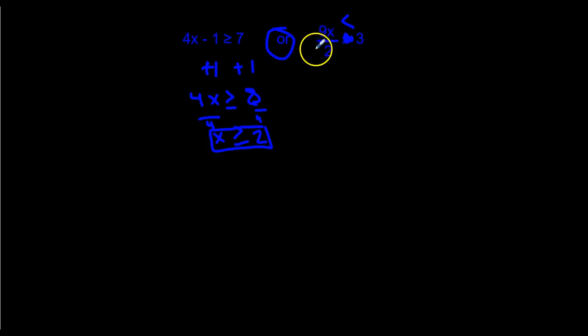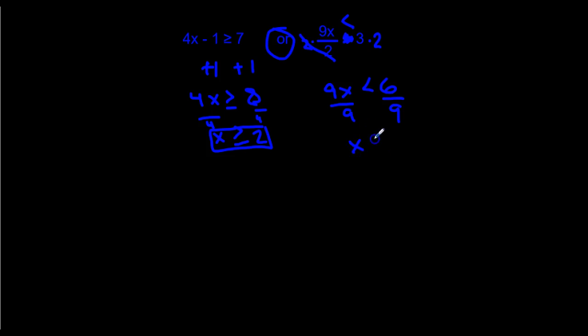Okay, so we have to first multiply both sides by 2, right? To get rid of this 2. Denominators always make things hard. So now we have 9x is less than 6, right? And we would have to divide both sides by 9.